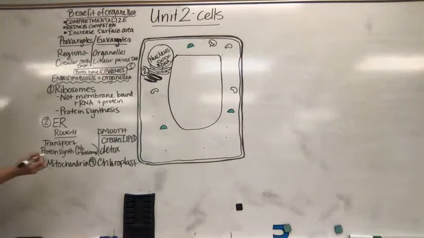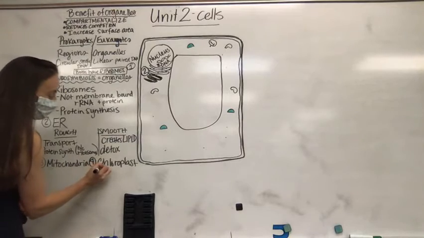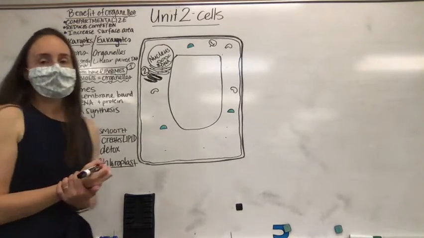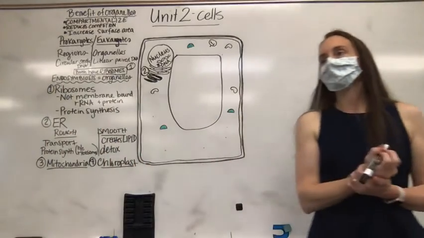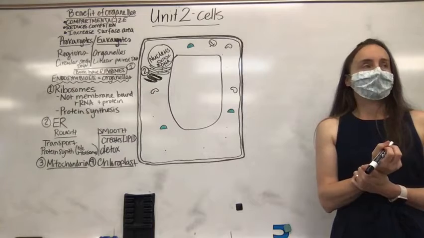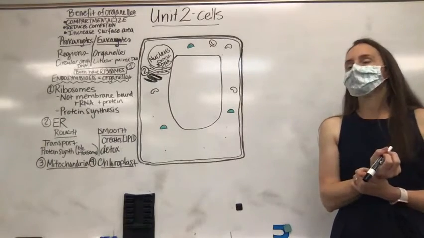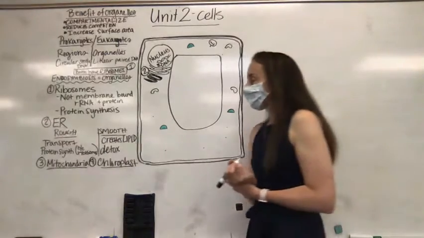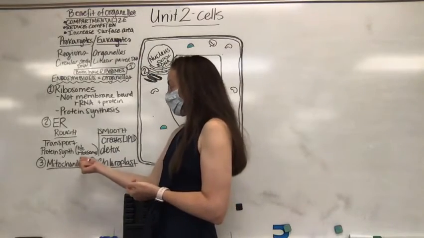They both have a double membrane, and that is mentioned over and over again. It's mentioned in endosymbiosis, in the structure of the organelle, and when you're talking about what they do as far as photosynthesis. So it's mentioned in like 3 or 4 different units. So make sure you know that mitochondria and chloroplast have a double membrane.